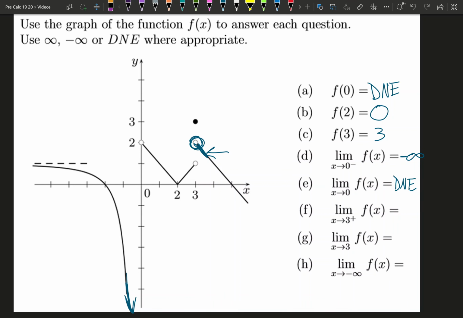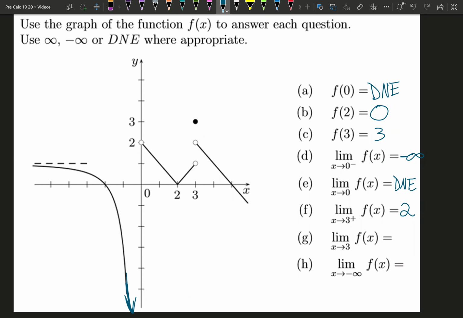So that one-sided limit as x approaches 3 from the right is going to be equal to 2. It does not matter that f of 3 is 3 because the directions that the limit is giving you are taking you to that point of 3, 2, even though it's a removable discontinuity.